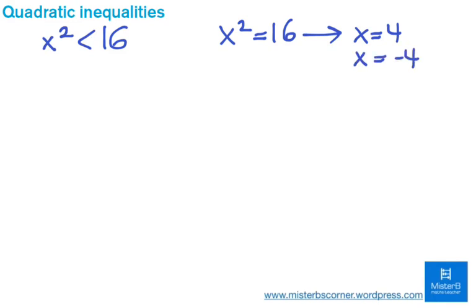Consider this one, x squared is less than 16. So if we solve x squared equals 16, the solution will be x equals 4 as well as x equals negative 4. So these are our borders, right?